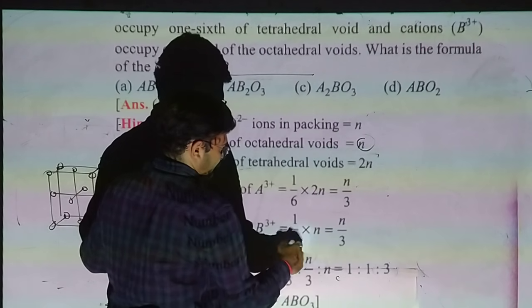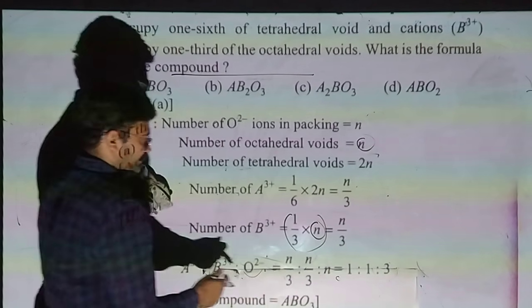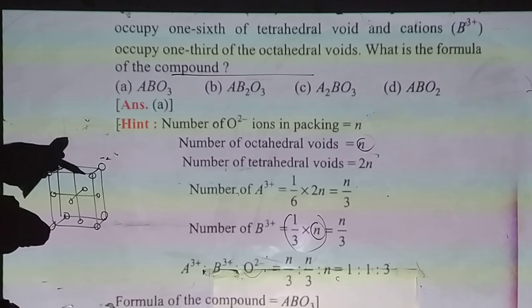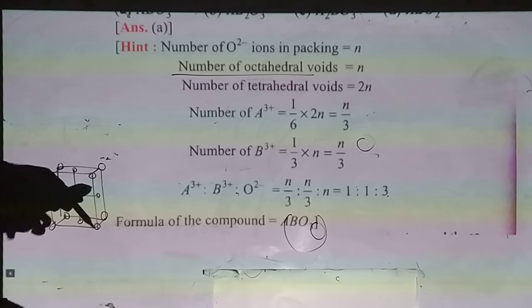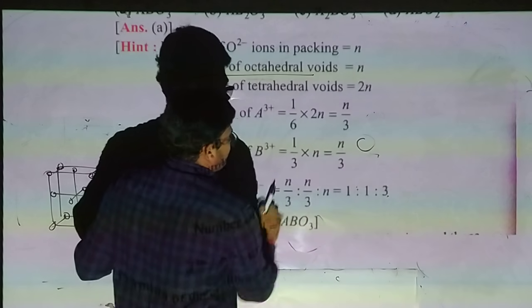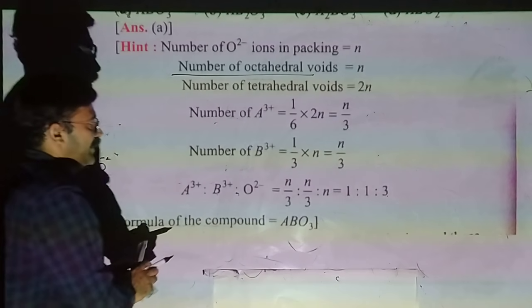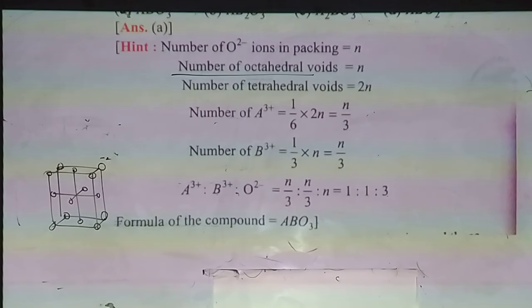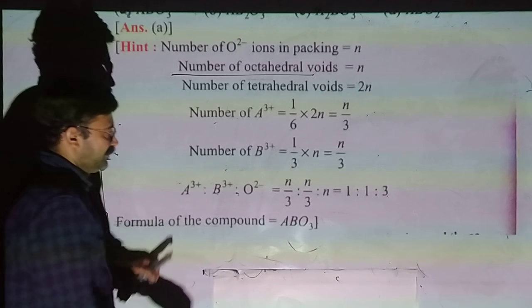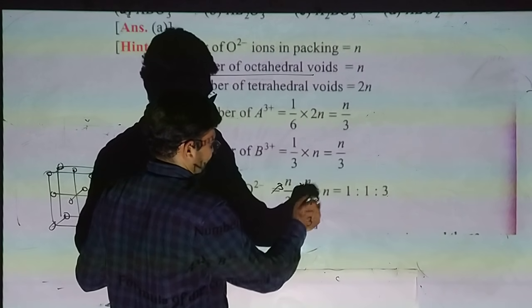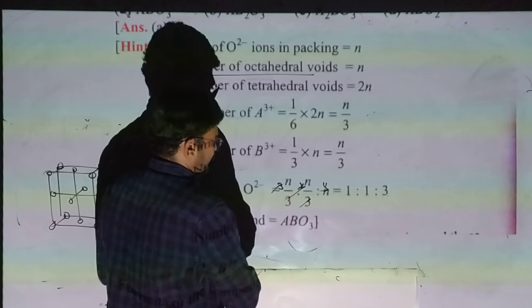Octahedral void is N. 1/3 of it, so N by 3. So now the ratio of A plus 3, B plus 3 and O minus 2 is N by 3, N by 3 and N. So we are taking LCM 3.